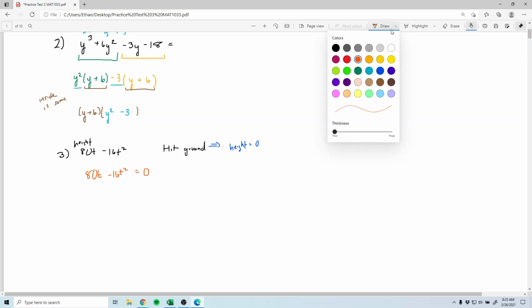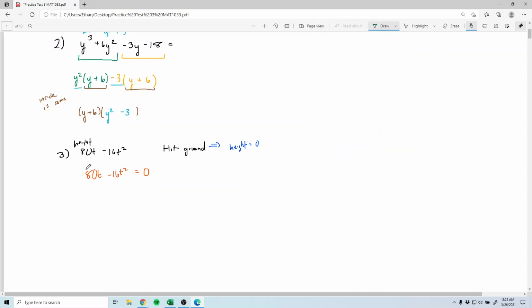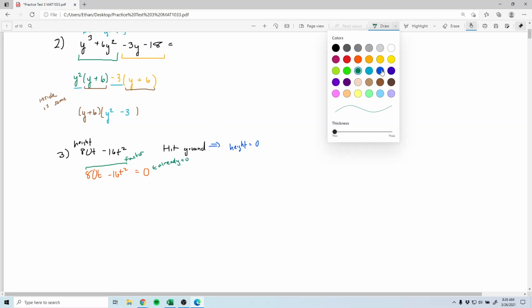Now what you've learned in this past section is that when you have something like this, you need to factor it because there's different powers of t. And when you factor it, it's always got to be set equal to 0, but it's already done for us this time. So we can just go ahead and factor it. And for factoring like this, you'll notice that we don't have 3 things, we only have 2 terms.